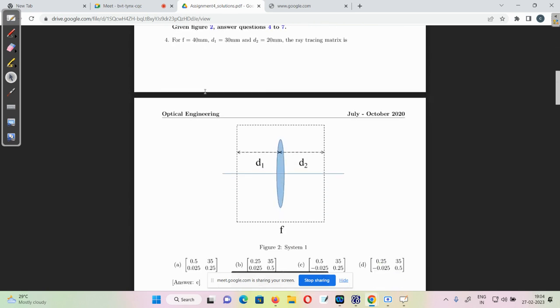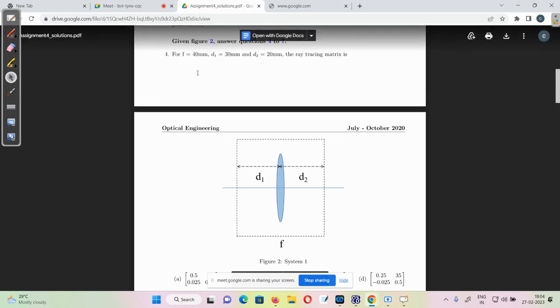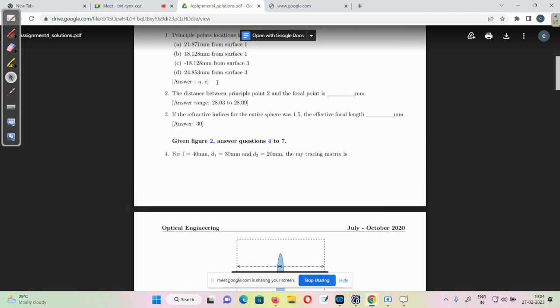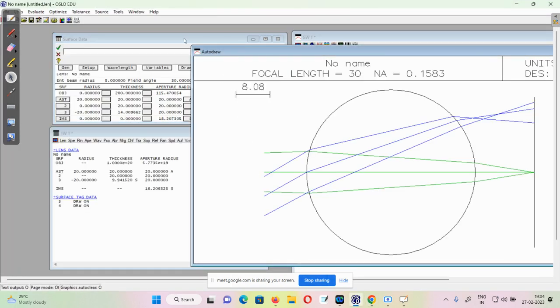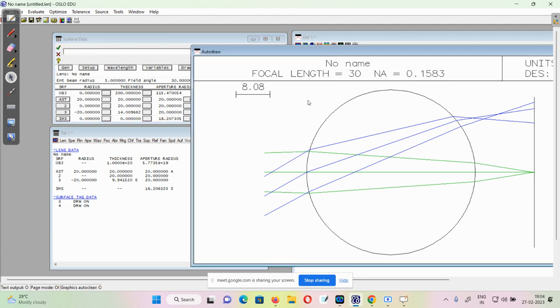People are saying that in the third question, if the refractive index is changed to 1.5, then what is the effective focal length? You are seeing my window? When I was changing it, did you see that? I suddenly got disconnected and came to know after some time.